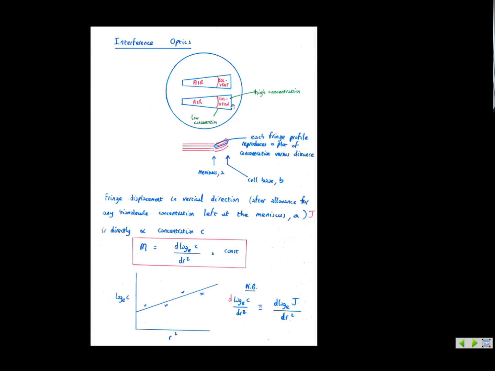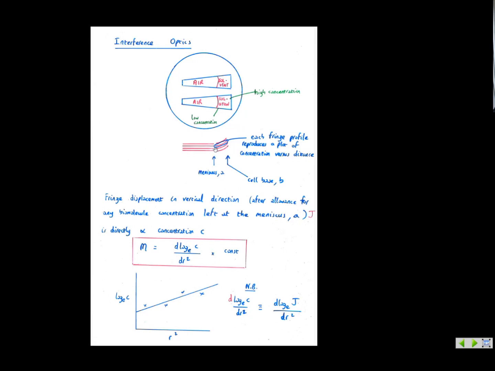And so in the solution cell, you've got a low concentration at the solution meniscus, building up to a high concentration at the cell base. Of course, the solvent has no macromolecule.